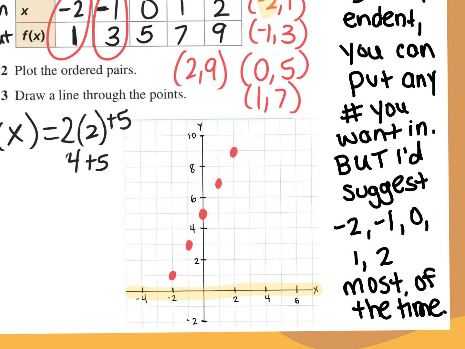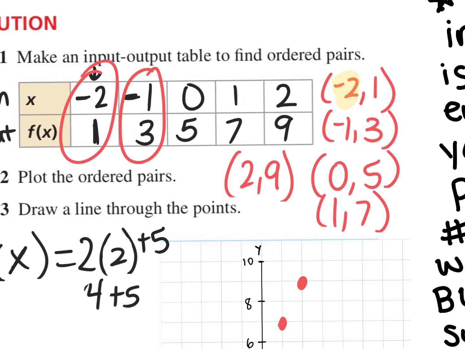And the last thing I'm going to do is I'm going to connect those points, because didn't we pick these numbers, negative 2, negative 1, 0, 1, and 2? We picked these numbers in the input, right? We chose to plug in a negative 2, a negative 1, a 0, a 1, and a 2.